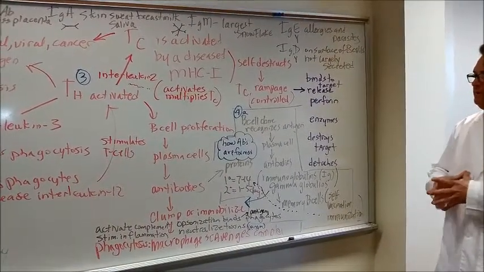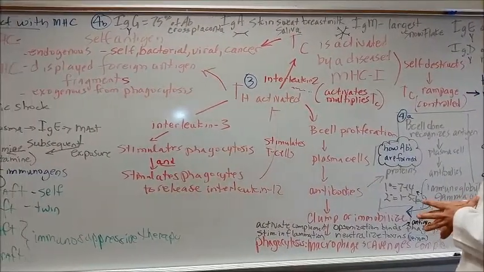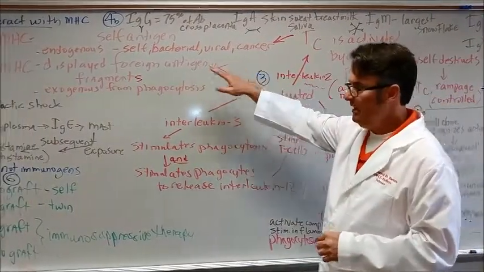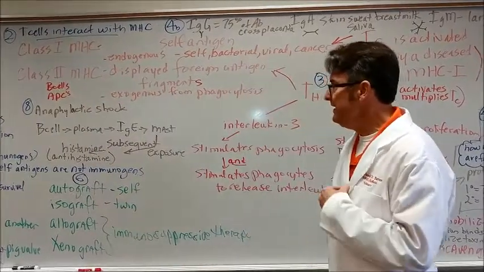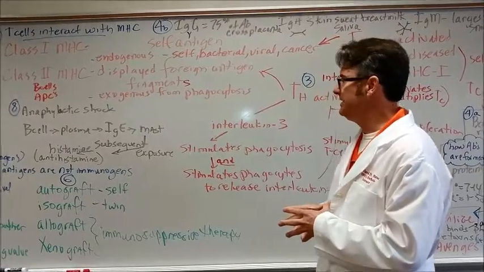There is another class of T cell that's called a helper T, and these are incredibly important. They are associated with class 2 major histocompatibility complexes. These display foreign antigen fragments. They are considered to be exogenous.